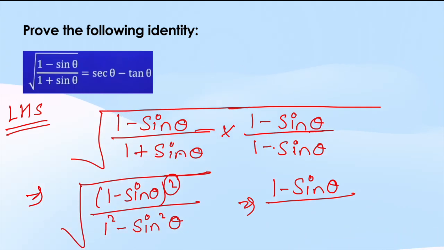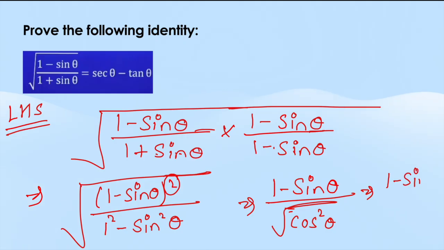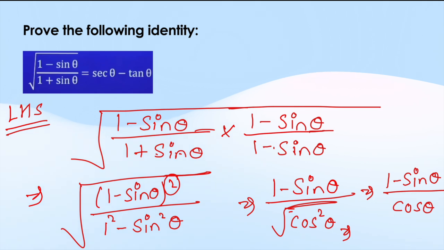Good, cos square theta. So root of cos square theta, right? So finally it will be 1 minus sine theta by cos theta. It can be written as, because this cos is in the denominator, it is with the first term as well as with the second term. It will become 1 by cos theta minus sine theta by cos theta.